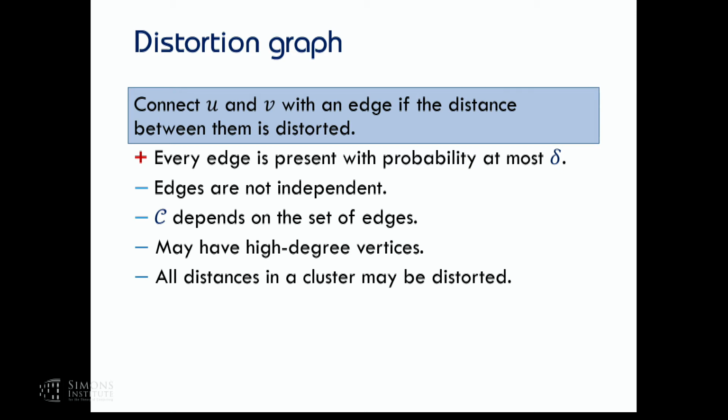It may also happen that we have a small cluster and all or most of the distances inside this cluster are distorted. This is pretty bad news for us, because then the cost of this cluster is not preserved. So even though we are going to prove that the cost of the clustering is approximately preserved, it's not true that the cost of every cluster is approximately preserved, at least when we talk about a multiplicative distortion.